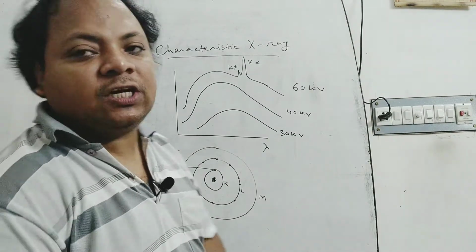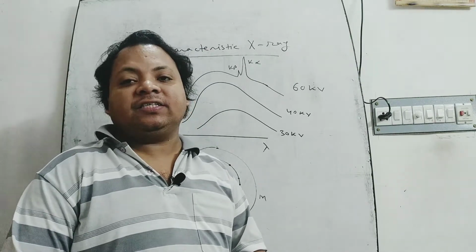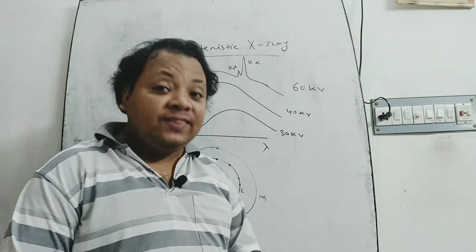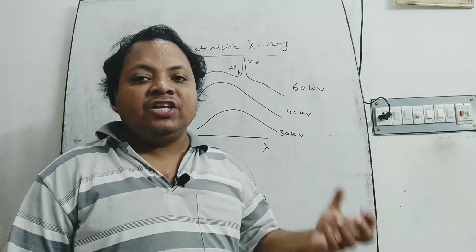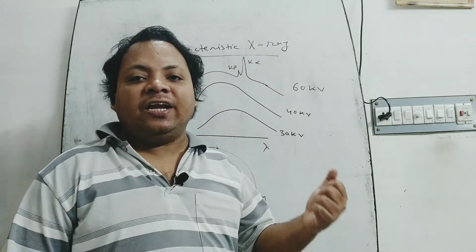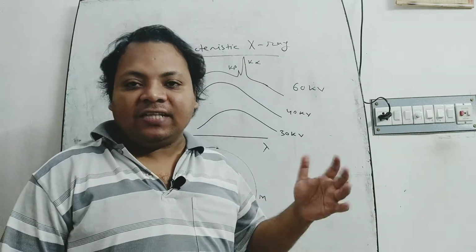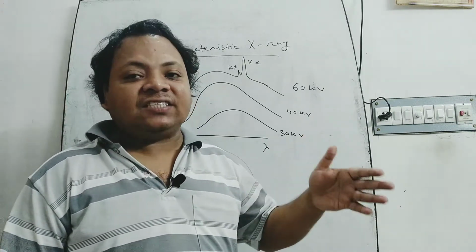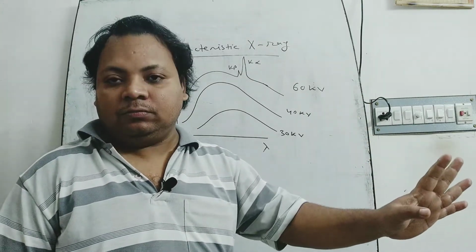When the potential difference between the cathode and anode is very high inside the Coolidge tube, then the incoming electrons have huge potential energy as well as huge kinetic energy. That is, they strike the target with huge velocity.